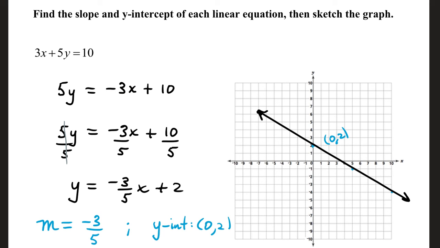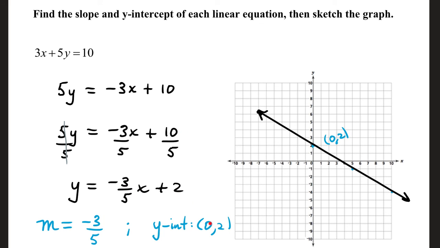Then, if y has a number attached to it, whatever its coefficient is, in this case it's a 5, divide all your terms by 5. 5 divided by 5, that's 1y, equals, if your fraction reduces, great. If it doesn't, don't worry about it. We can leave that as negative 3/5 x. 10 divided by 5 is 2.